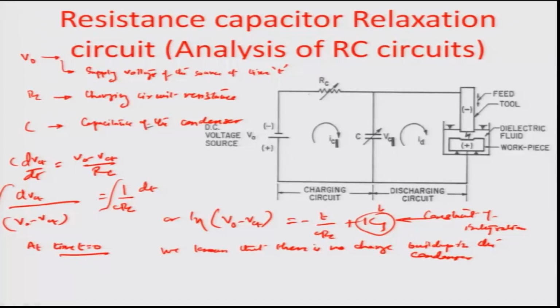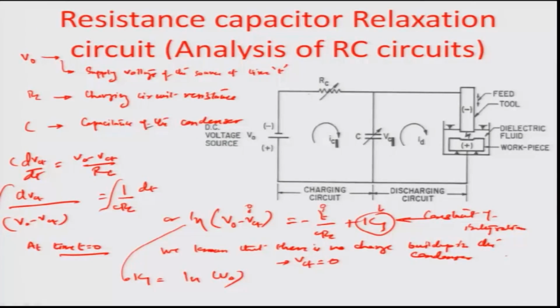In other words, we can say that the VCT, which is because of the charge buildup, remember Q equal to C times VCT, is equal to 0. Okay. So, K1 therefore becomes equal to simply ln V0, and from this expression at time t equal to 0 you put VCT equal to 0.